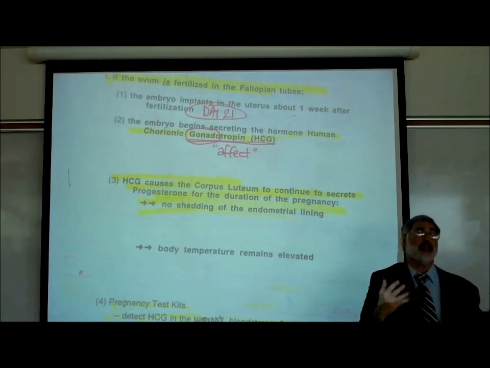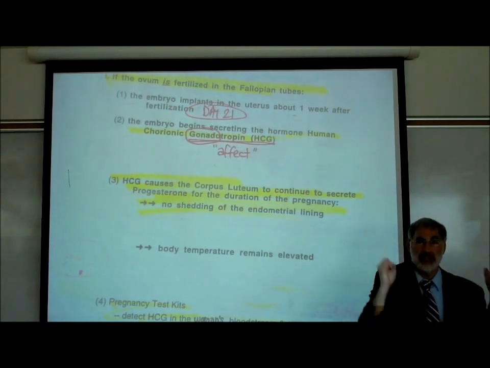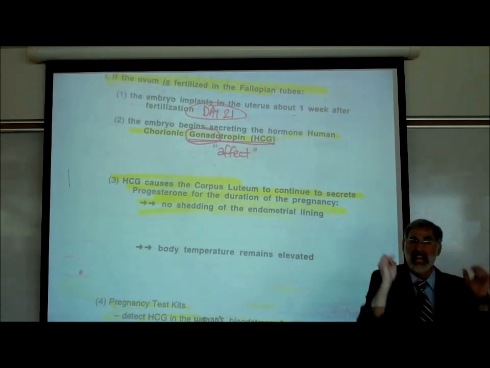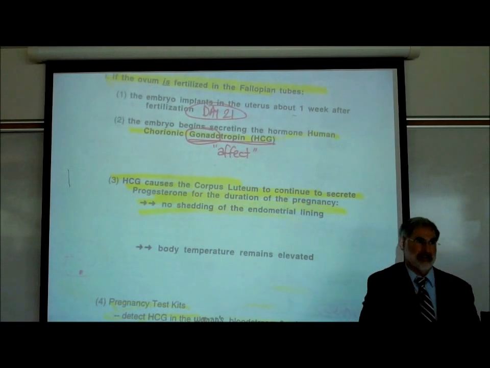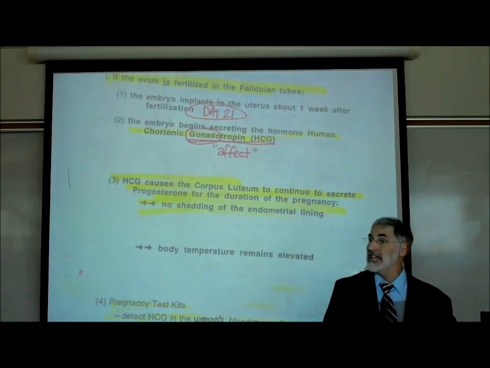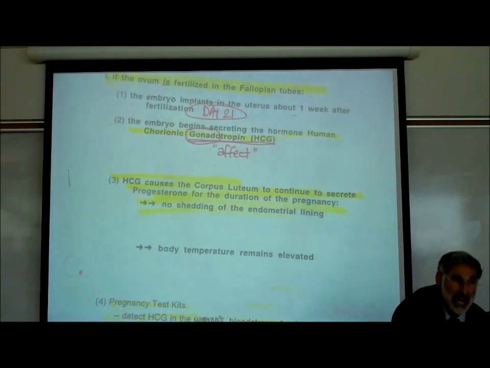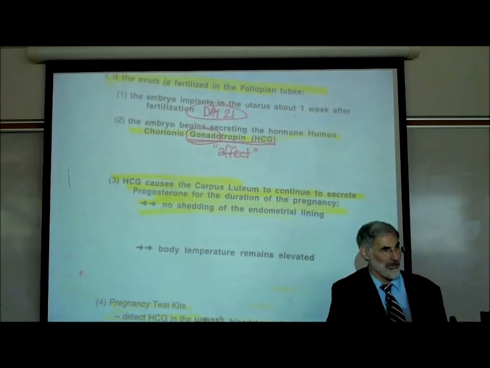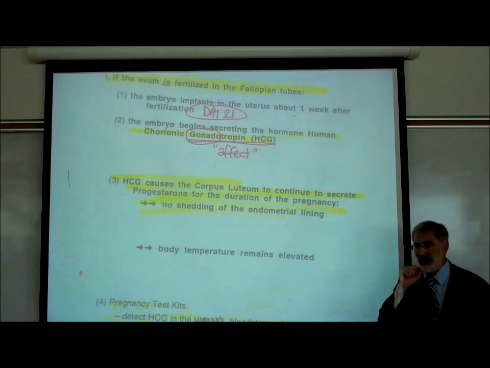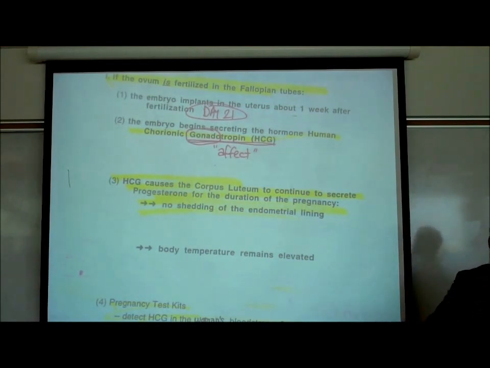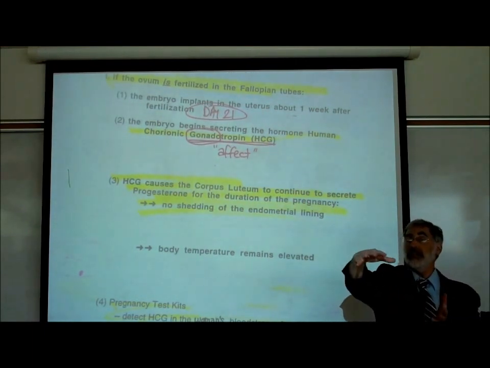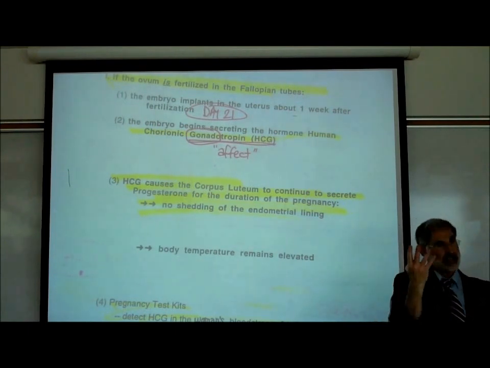It stimulates the corpus luteum to keep secreting progesterone for 9 months. Well, then there's not going to be any shedding of the endometrial lining. Didn't we say what causes the shedding is the drop of the progesterone hormone level? So if the corpus luteum keeps secreting progesterone, the endometrial lining will remain thick and vascularized.